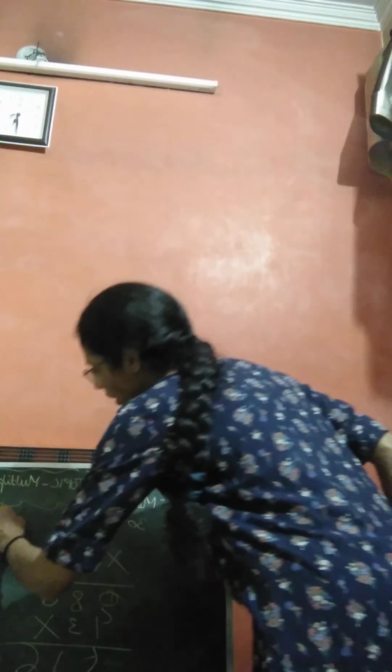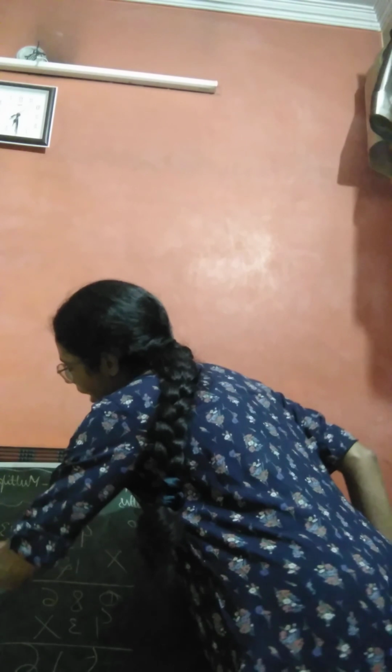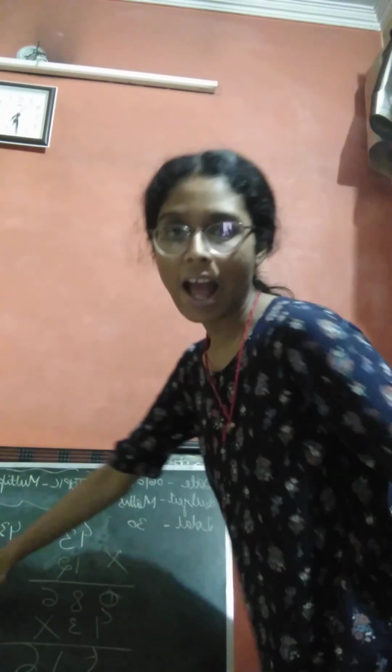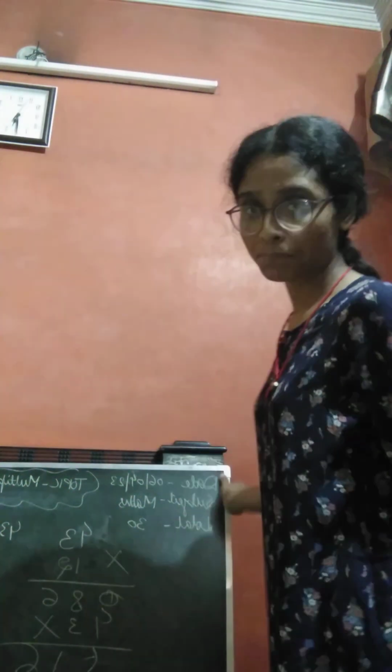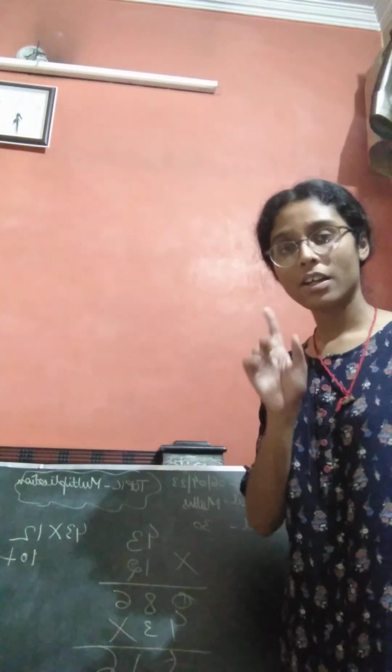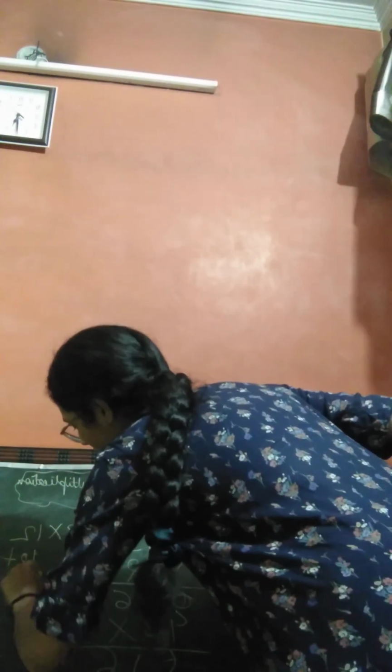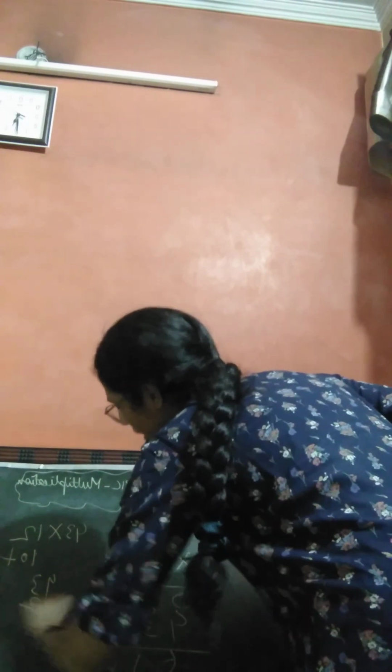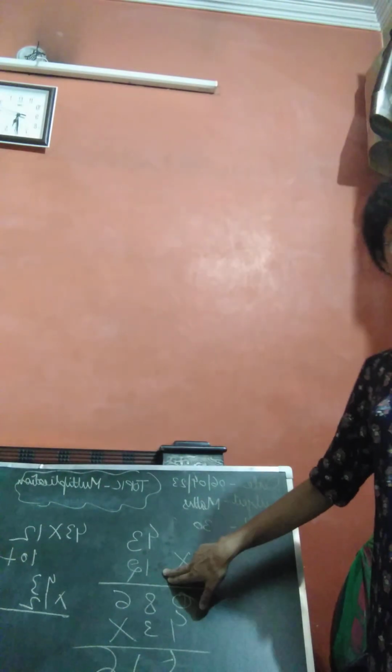So 43 multiplied by 12. I will write 12 as 10 plus 2. Now what I am going to do first, look, 43 into 12, I have written it in the same manner as I have written this, okay?